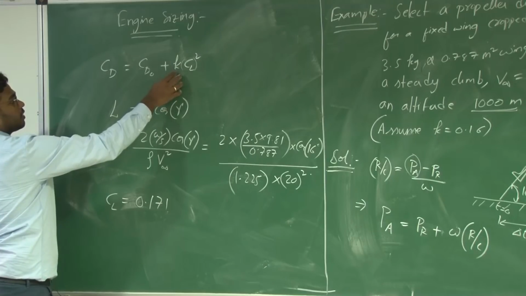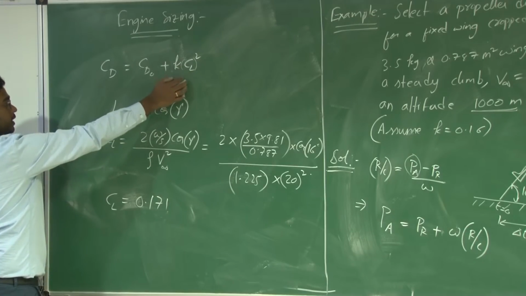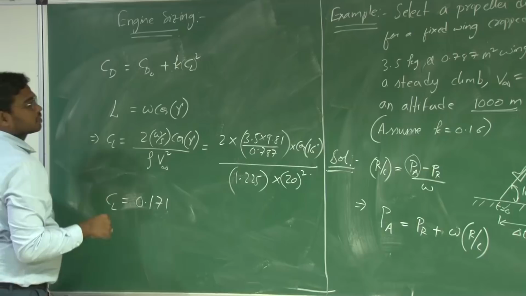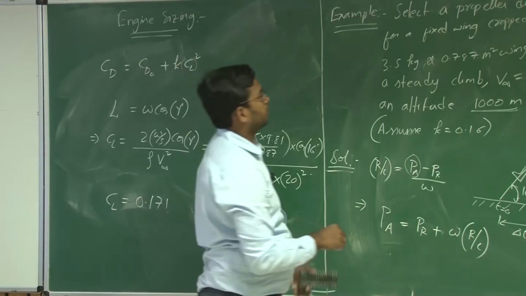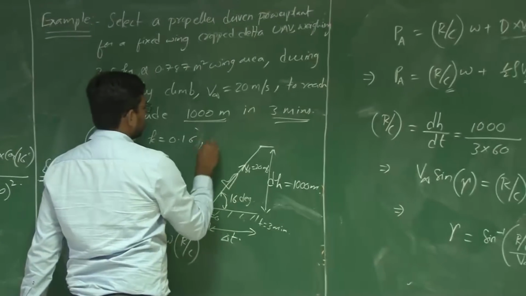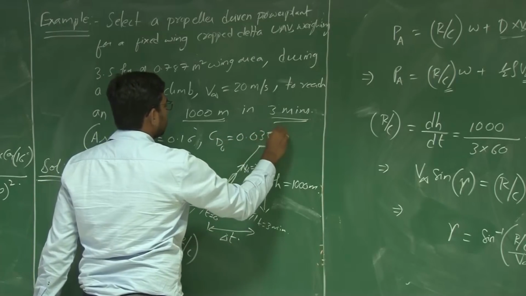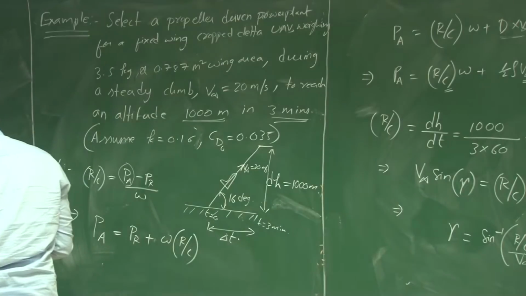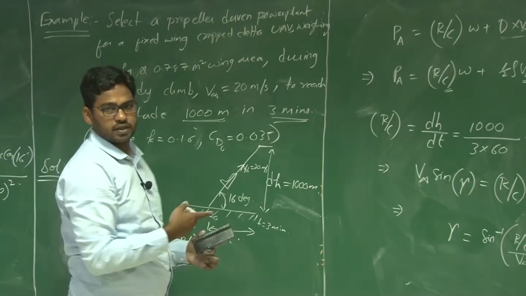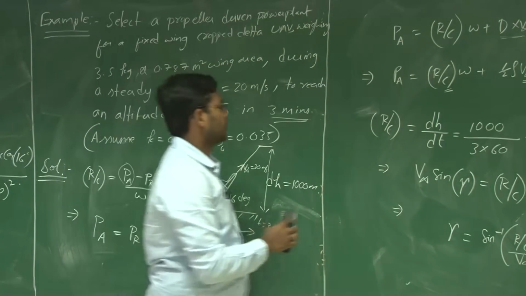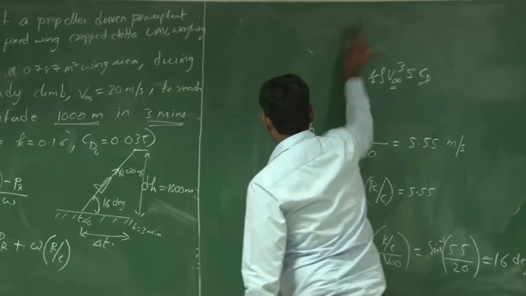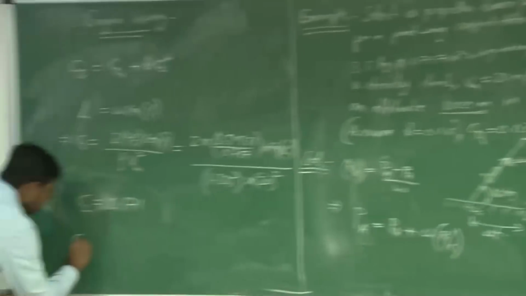You know what is K. You substitute the value of CL and K in this equation, right? So CD naught should be given in this question. So let us take CD naught is equal to 0.035, right? So you can refer to your previous example that we have solved. It's the same configuration.